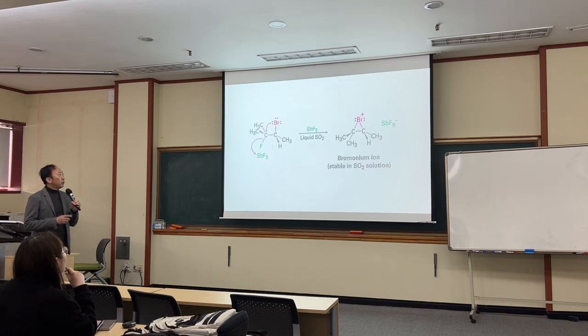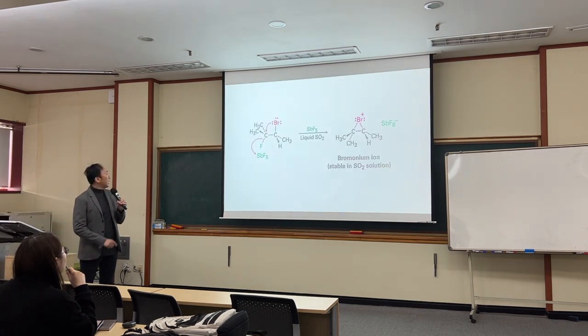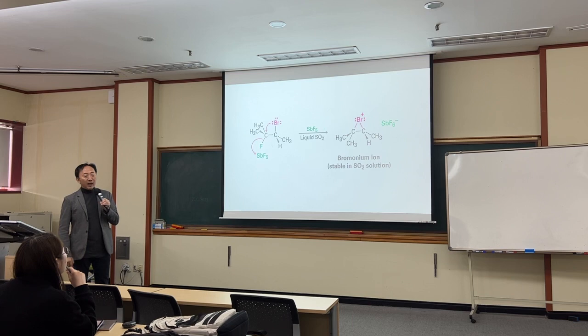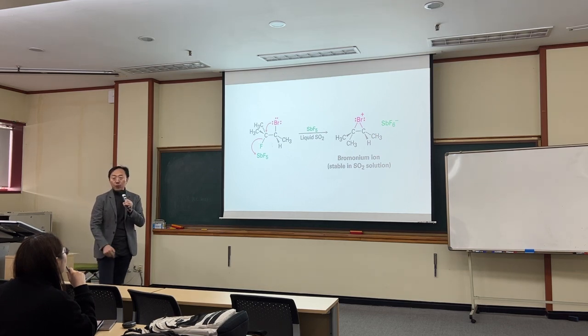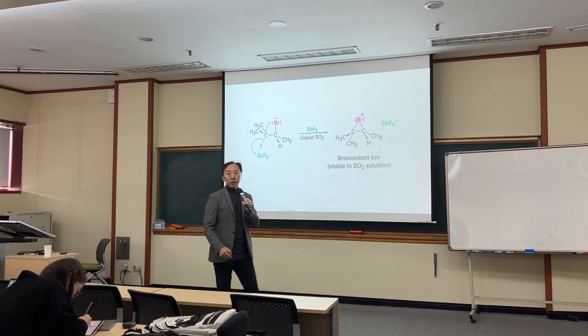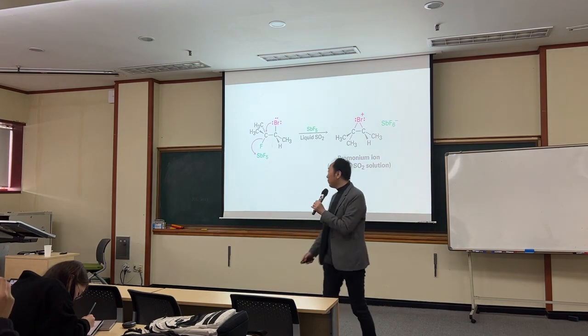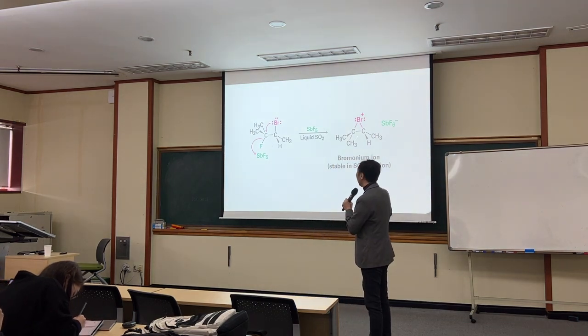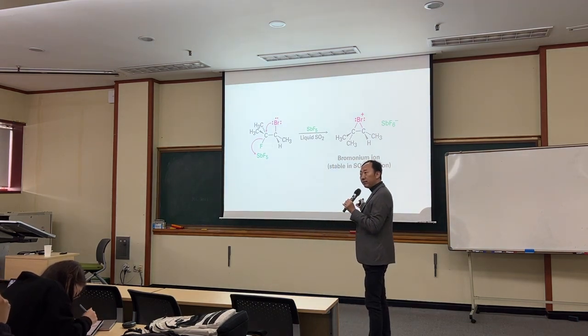So to remove that good nucleophile, he used this system, utilizing the fluoride affinity of Sb, and then this one is removed. Then there is no good nucleophile in this system. That's why he could capture this intermediate in SO2 solvent, and he proved that the structure of this one really exists.